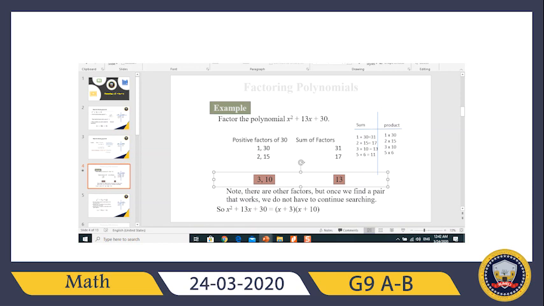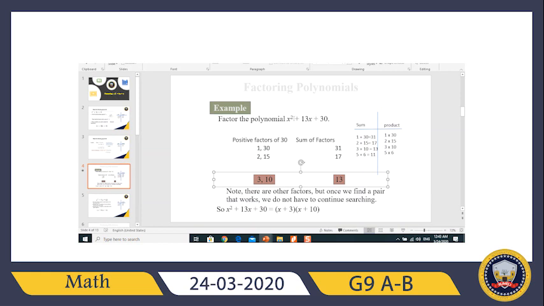Okay, so here again, can I repeat this example again? x to the power of 2 plus 13x plus 30. Here it's not difference of two squares, it's not difference or sum of two cubes, there is no common factor, so I will go for the fourth method, which is factorizing a trinomial, because it is a trinomial expression.